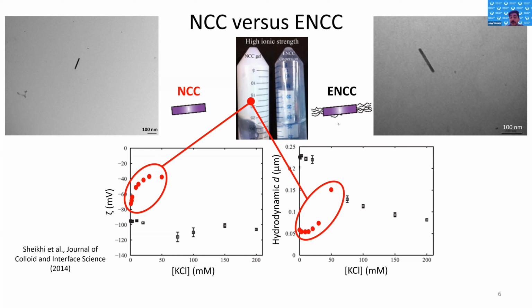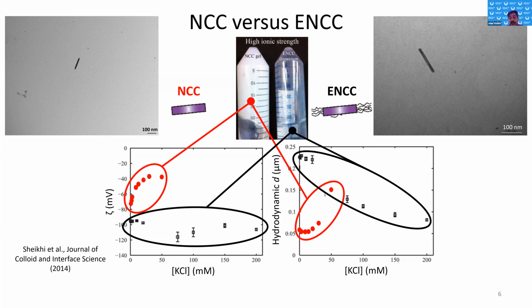For hairy nanoparticles, when you increase salt, here KCl, what happens is that these hairs actually shrink. Not only do they not aggregate, but the size also decreases, as you can see here. And the reason is that we are screening the diffuse double layer around the hairs, they shrink, and the size decreases, and the colloidal dispersion remains stable. So these are highly stable at high ionic strength.